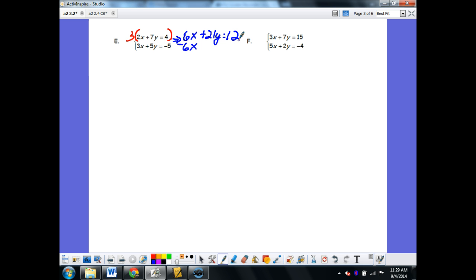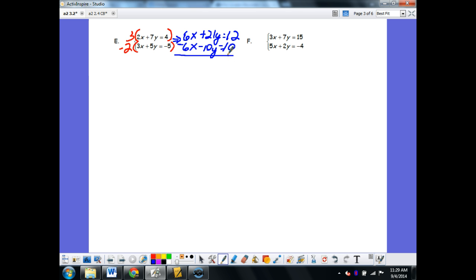In the second equation, I need to turn the 3x into negative 6x, and in order to do that, I need to multiply the bottom equation by negative 2. So when I do that, I get negative 6x minus 10y is equal to positive 10.